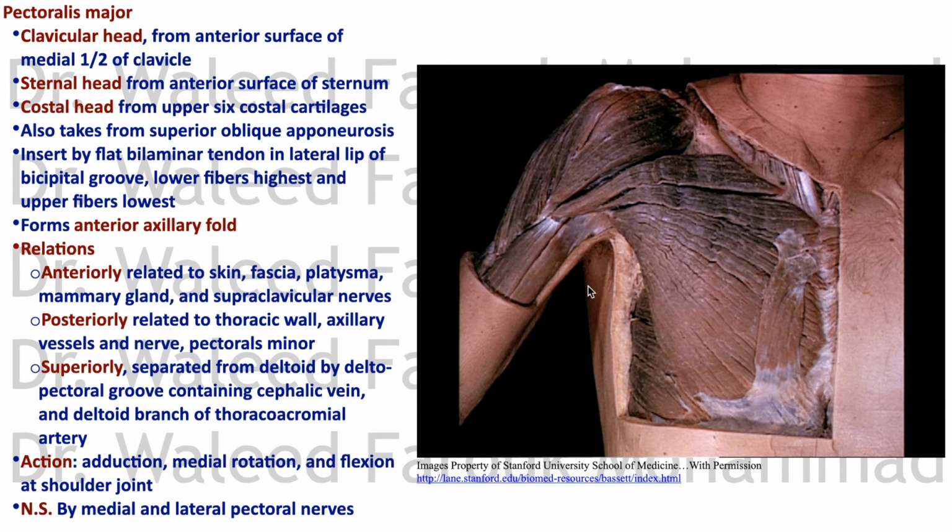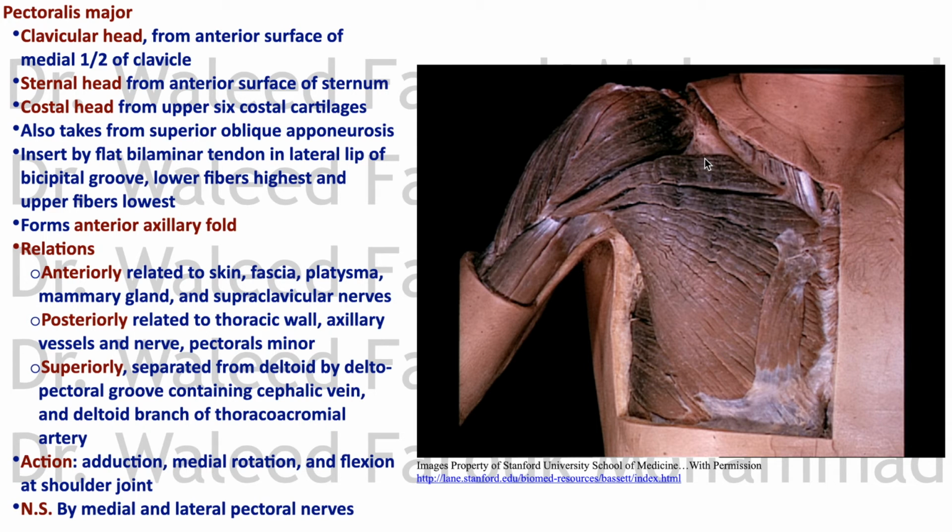Relations: anteriorly, related to skin, fascia, platysma, mammary gland, and supraclavicular nerves. Remember the supraclavicular nerves come from the cervical plexus, C3 and 4 and 5.